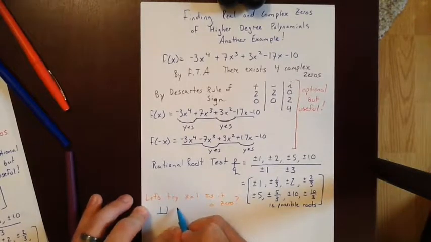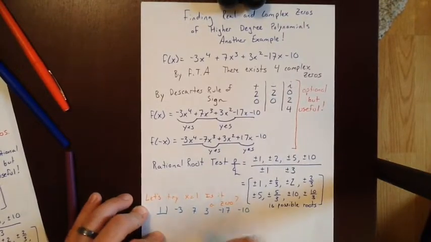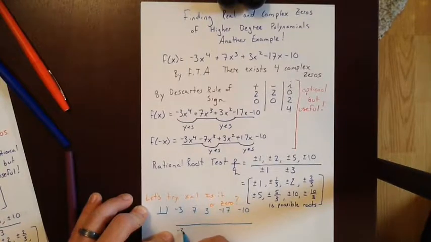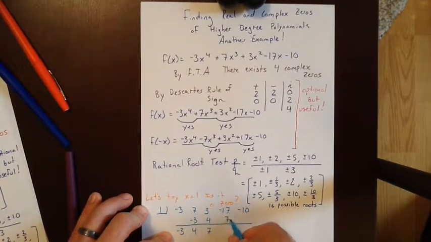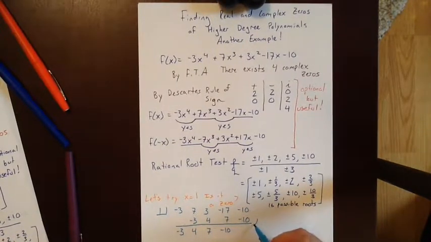So we place 1 in, -3, 7, 3, -17, -10. Okay, so going through this really quickly, drop to -3, -3, +4, +4, 7, +7, -10, and -10. And you'll notice we do not get 0. The remainder is not 0.